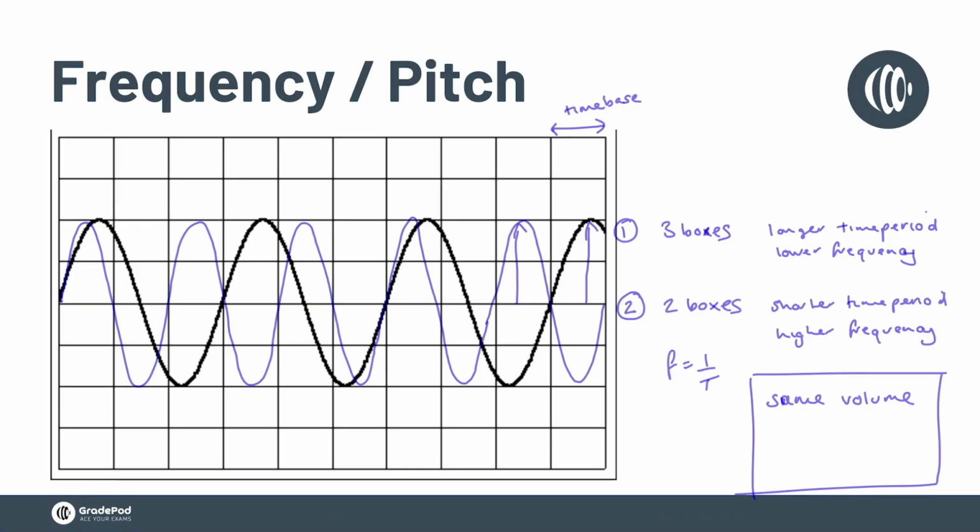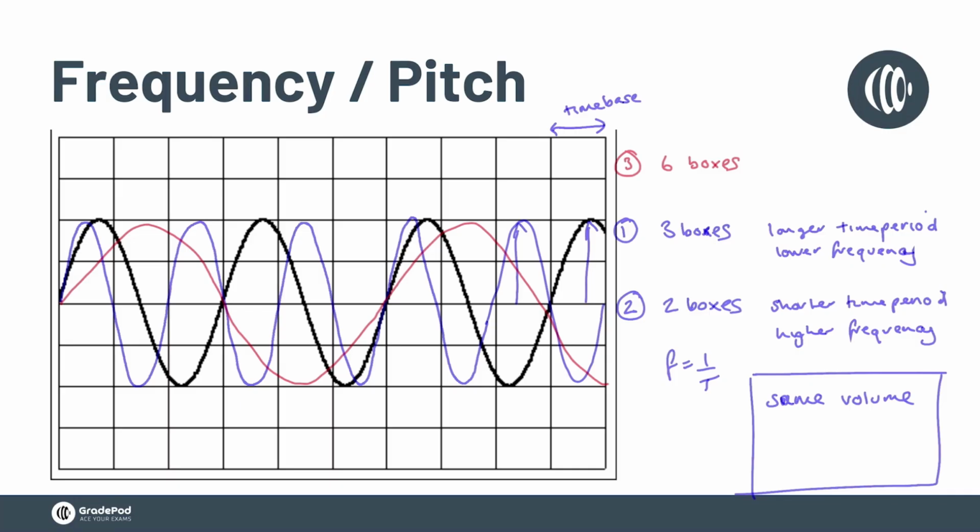And you could go the other way. You could create a third wave that has a longer time period, which means it's got an even lower frequency. You can see that our third wave has a time base that covers 6 boxes, which means it's got a much lower frequency and a longer time period than situation 1.